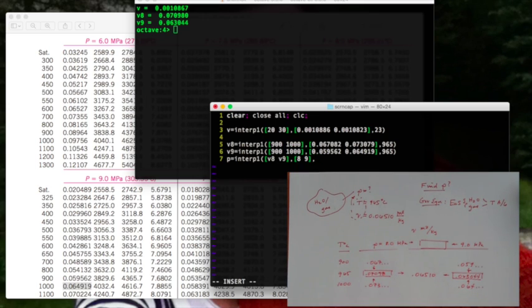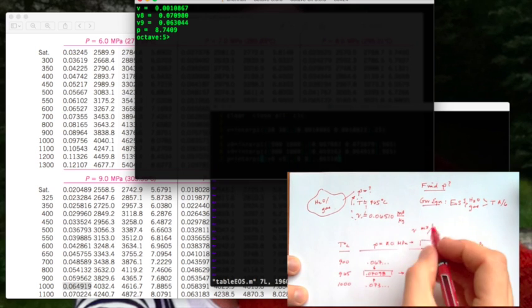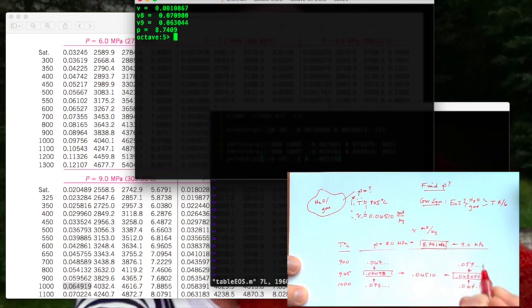And we're interested in that pressure when the volume is 0.0651. So let's run this code one last time. And we have just found that our pressure, 0.0741 megapascals, is determined.